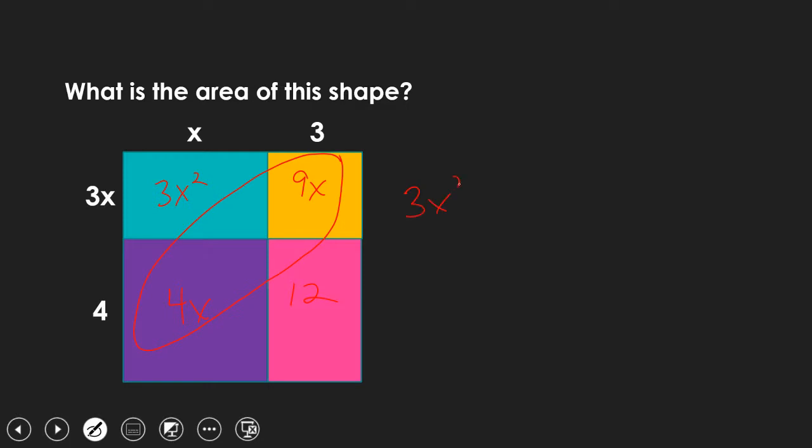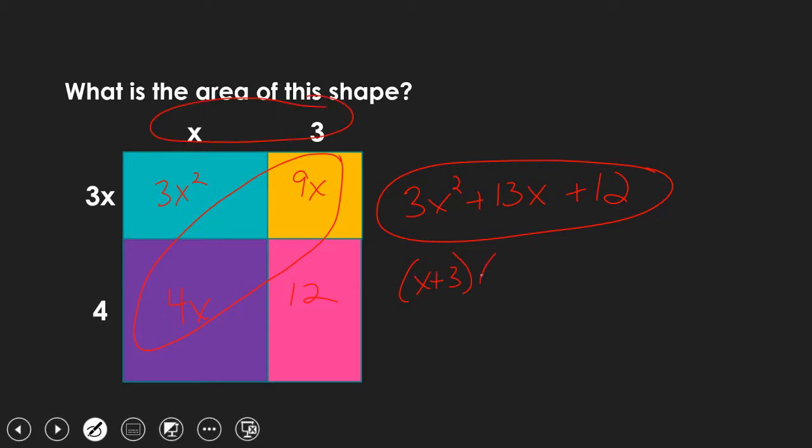So we'd have 3x squared plus 13x plus 12. Okay, and so that is the area of that shape, if we knew more about that. Well, the other way we could find the area of that shape is if we knew what x plus 3 was, and we multiplied it by 3x plus 4. So essentially, we have come up with a way to multiply these two together to get that.